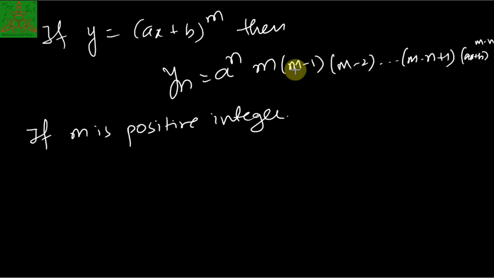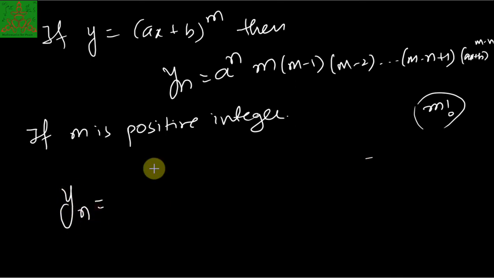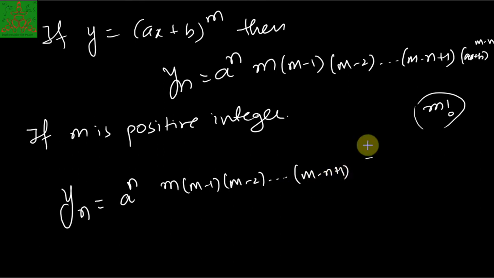Then in that case, I can talk about the factorial, m factorial. So y_n, in this case we have a^n as it is. What I will do is I am multiplying and dividing some terms here. So the terms m-1, m-2 up to m-n+1 are already there.